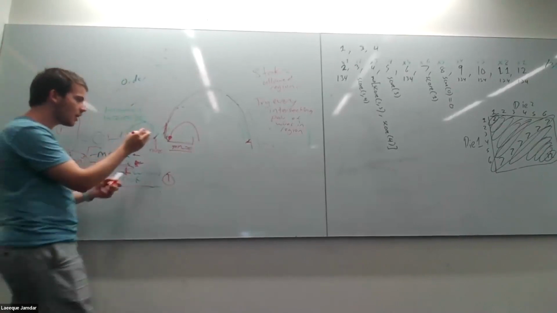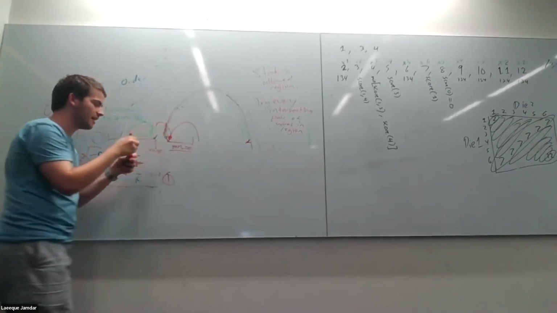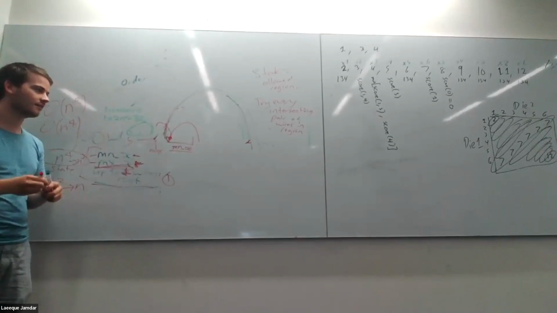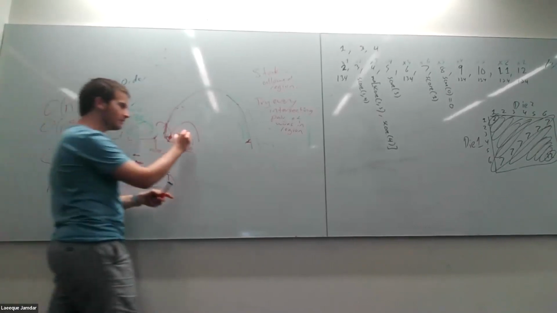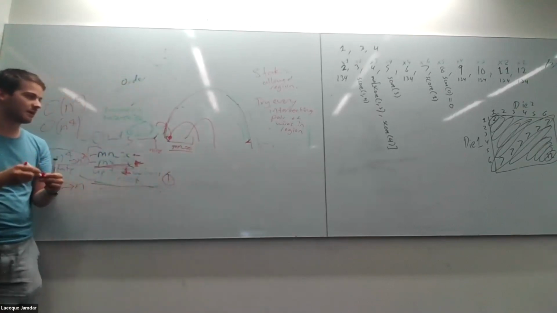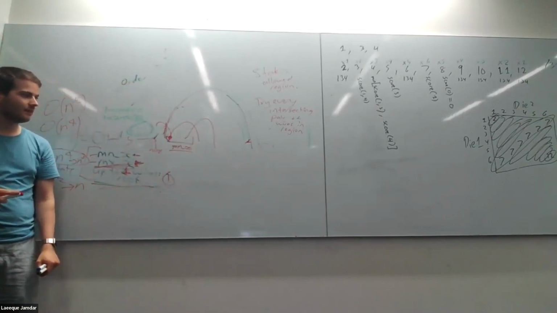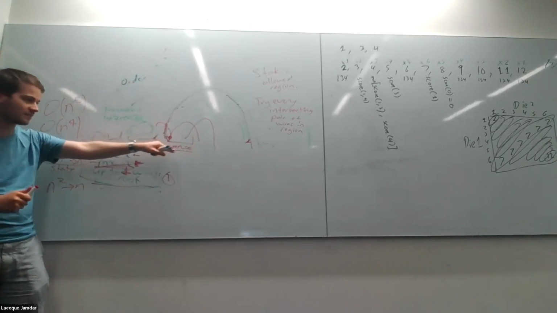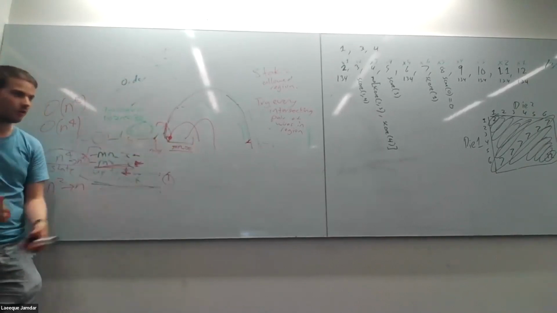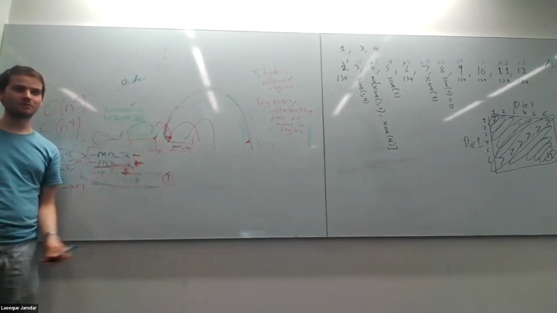Or if there's no wire that starts at min x, if it's at the end of a wire, then bad luck, we're not picking anything. In that case, we only have to look over order n choices for the second wire that we pick. Now, how can I make such a bold assumption that we're always going to pick the wire that starts at min x? Well, what if we don't pick this wire?